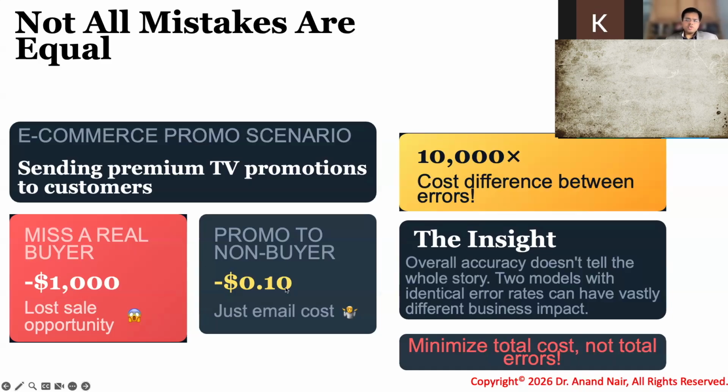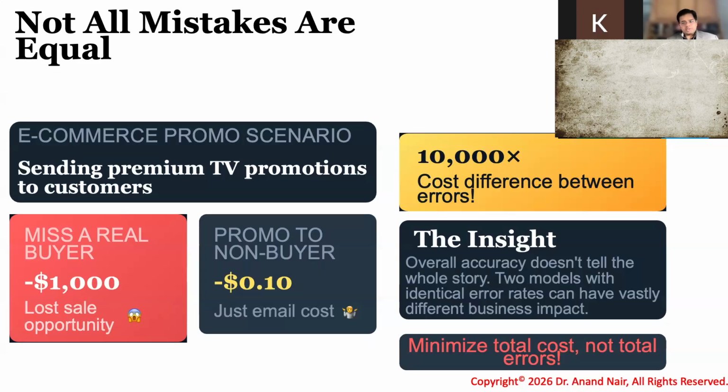Now let's imagine two models. Both have 95% accuracy. But model A's 5% errors are mostly the missed buyers, right? So model A also has 95% accuracy, but in its 5% error it is missing most of the buyers. Whereas model B's 5% errors are mostly wasted promos. All those 5% errors are about promotions that we could have avoided.